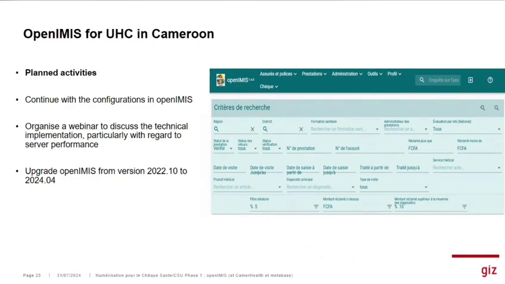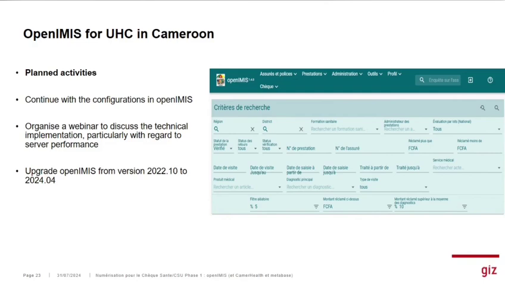So right now, I think we are back to normal server performance, but we still have to speak with other colleagues, with other implementers, to see how they configure their servers and what they are using, just to be sure that we will not face that problem again.